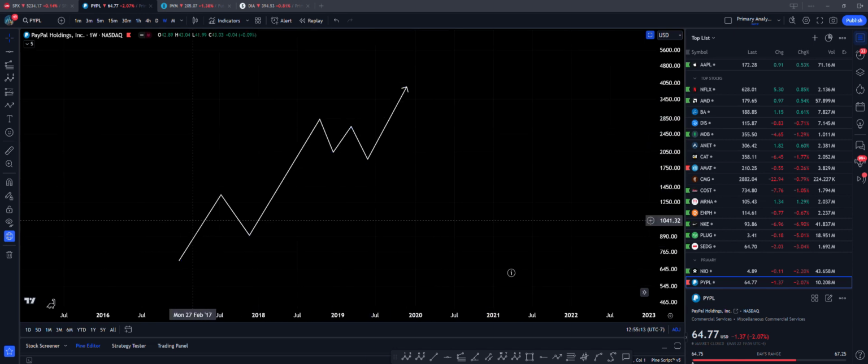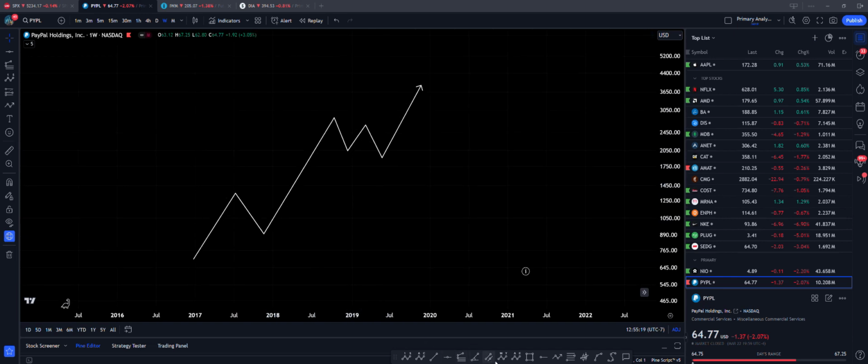Now, this was just a simple impulse wave at a larger degree, but when we start breaking down the structure of these impulse waves, there are sub waves within this, called the fractal structure, basically within the waves, right?